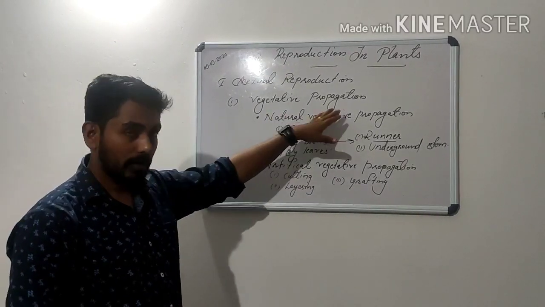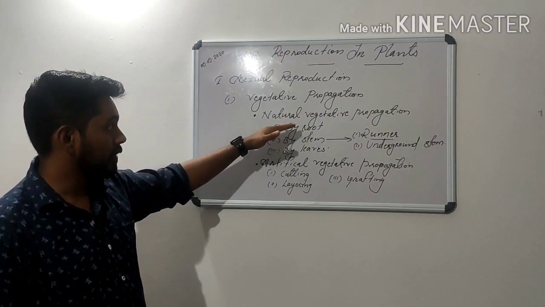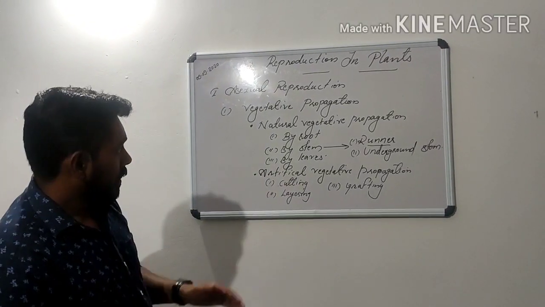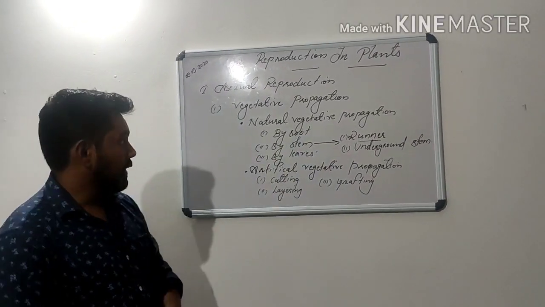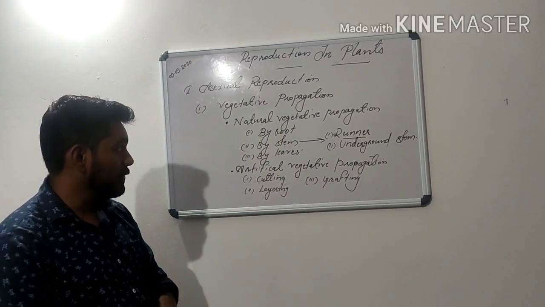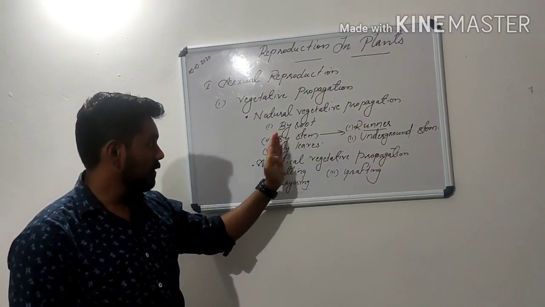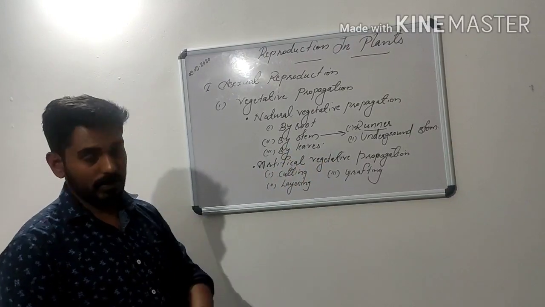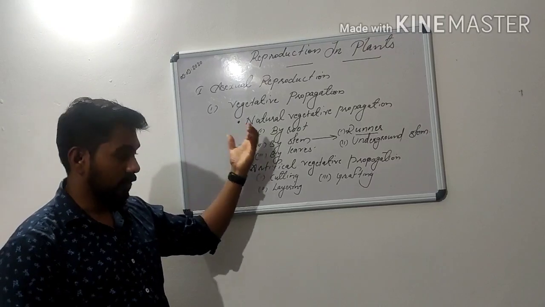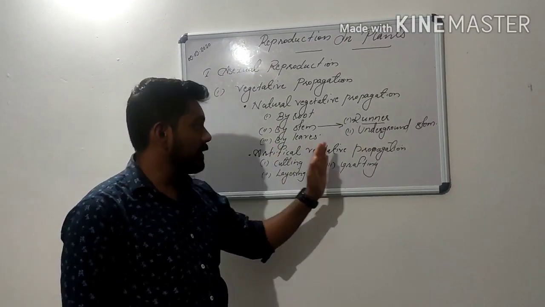Vegetative propagation is of two types: natural vegetative propagation and artificial vegetative propagation. Natural vegetative propagation means where the plants reproduce from the vegetative part of the plant. Plants can be reproduced from the root, stem, or leaf of the plant. The next one is artificial vegetative propagation.